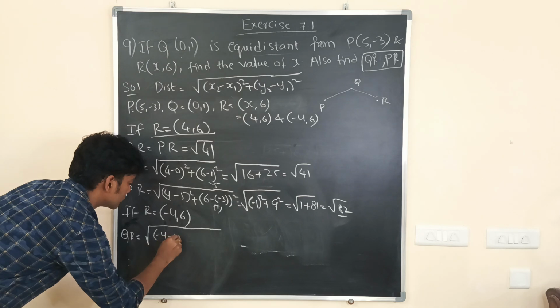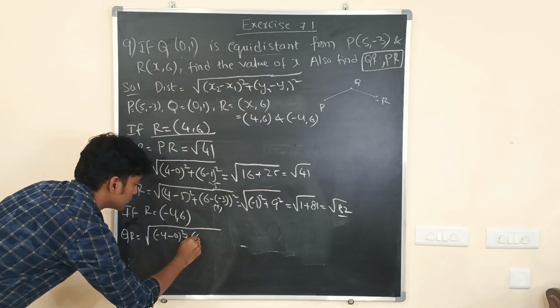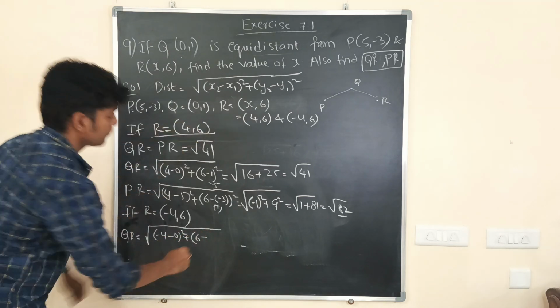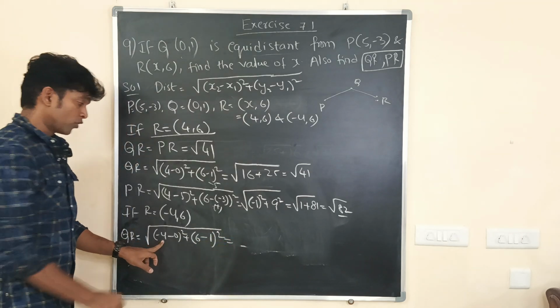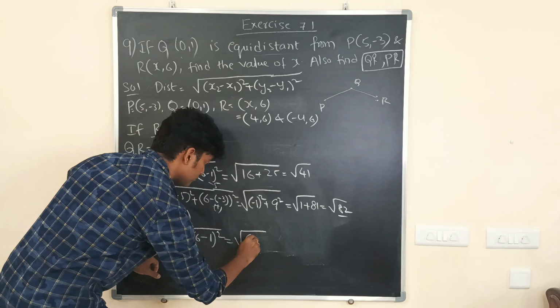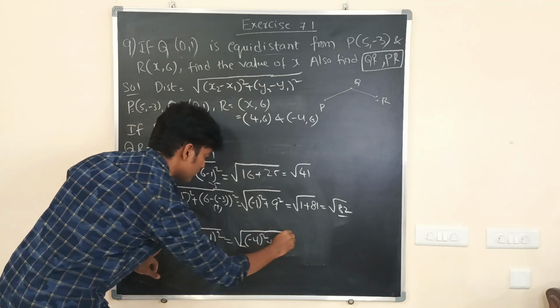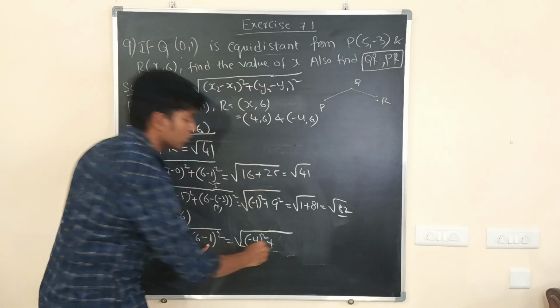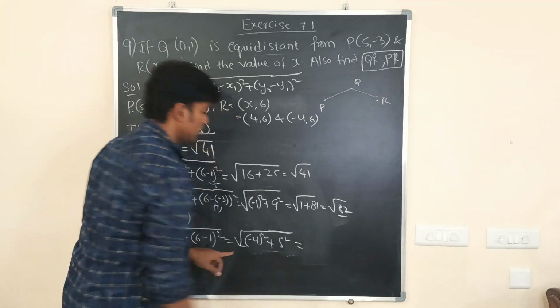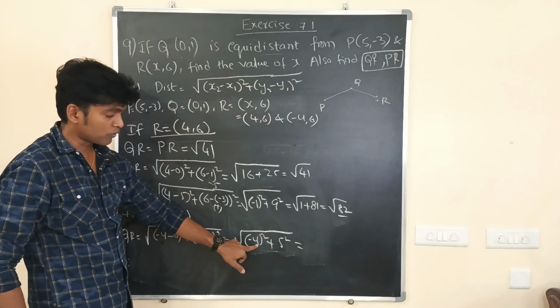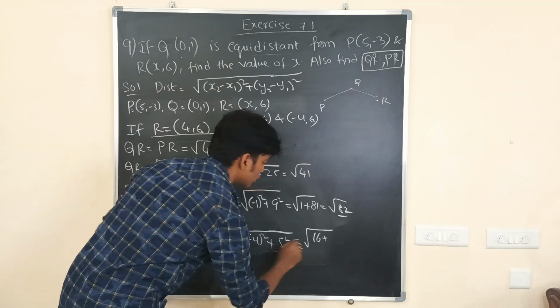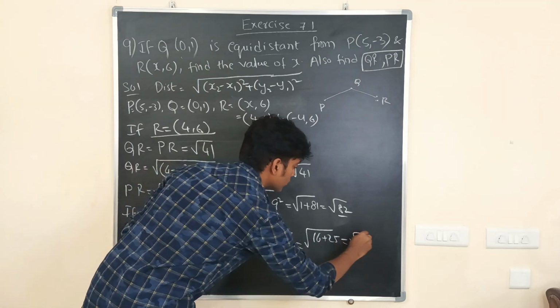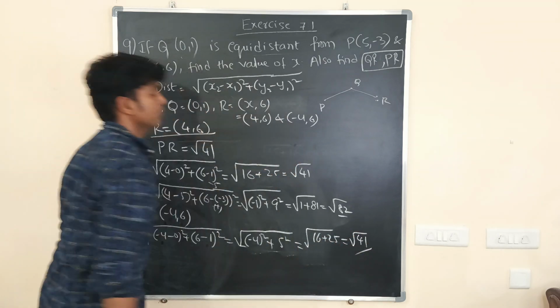Minus 4 minus 0 whole square plus 6 minus 1 whole square. That is minus 4 whole square, 16, plus 6 minus 1 whole square means 5 square, 25. 16 plus 25 is root 41.